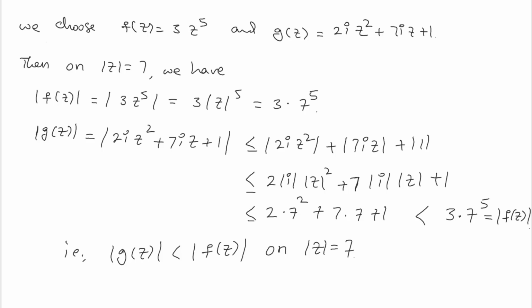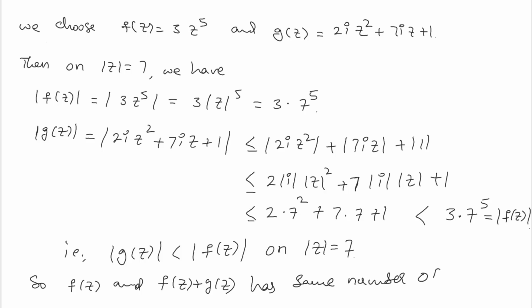So we can say f of z and f of z plus g of z have the same number of zeros inside the circle mod z equal to 7.